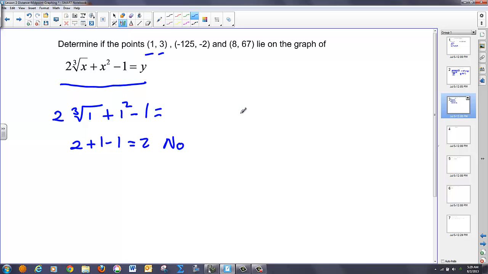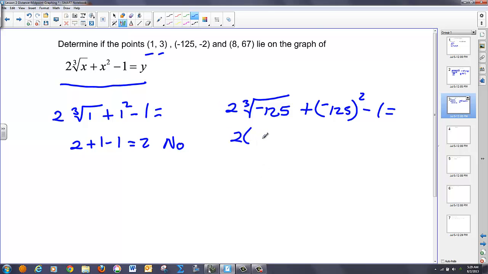I'm going to plug in negative 125, so I have 2 times the cube root of negative 125 plus negative 125 squared minus 1 is supposed to equal y. In this case, I have 2.